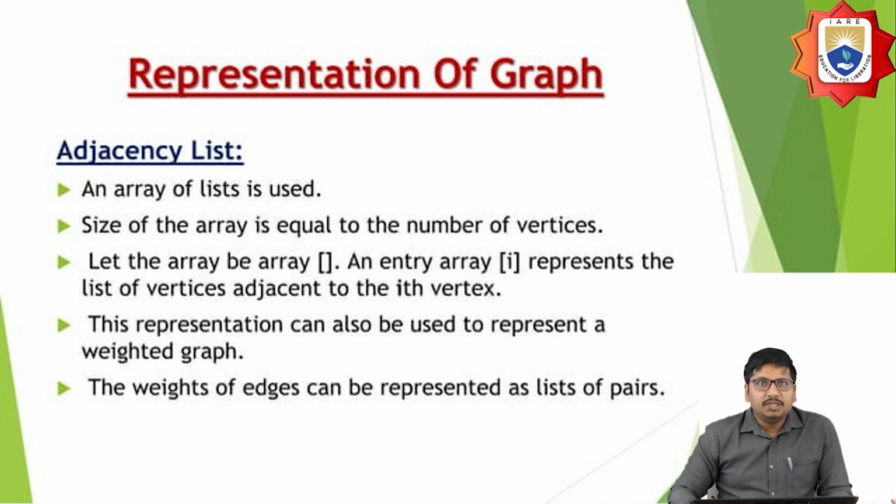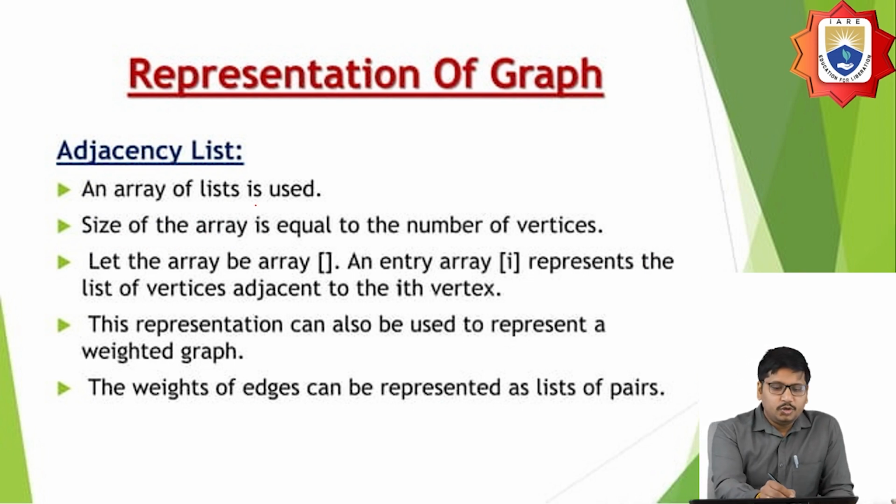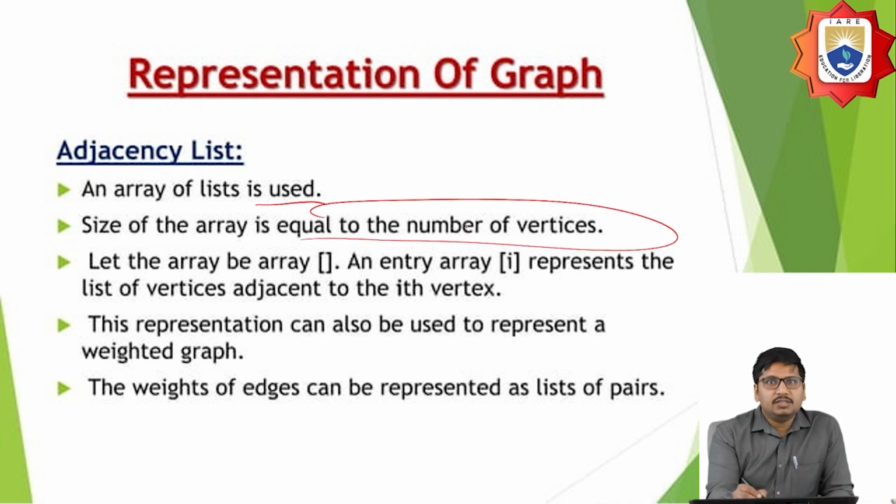So an adjacency list means an array of lists is going to be used here. The size of the array is equal to the number of vertices, and let the array be represented as this one.